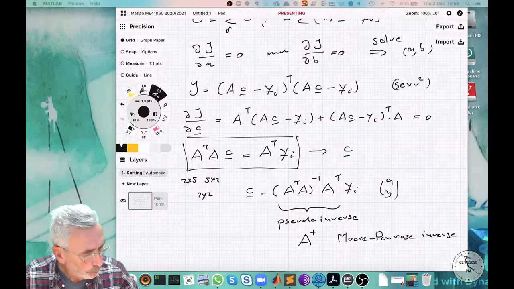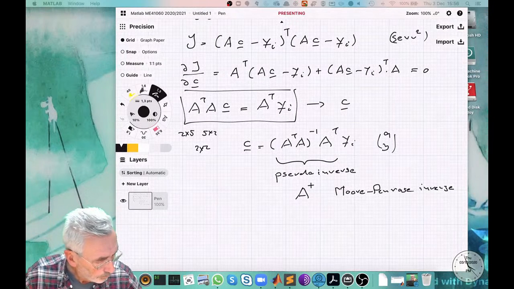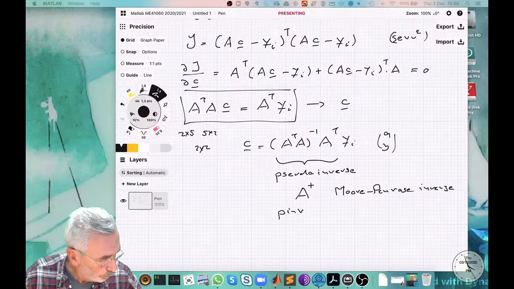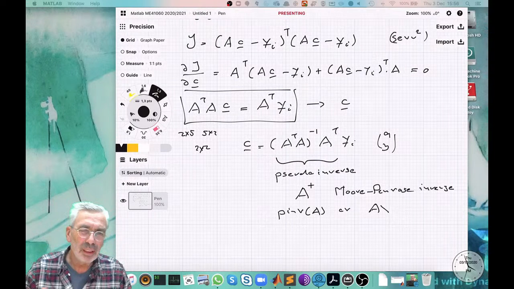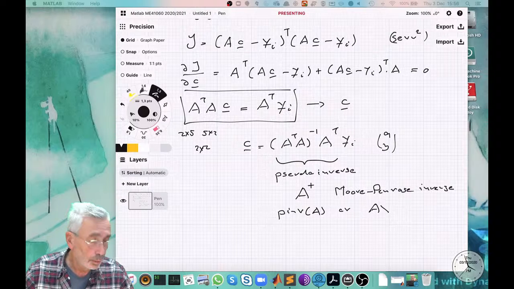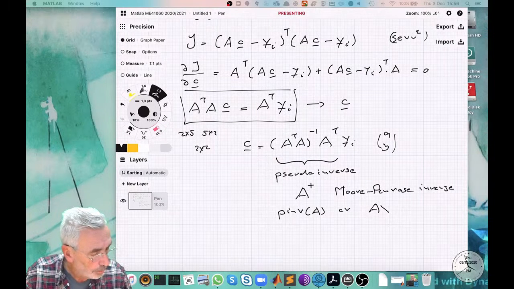In Matlab you can do either pinv of A, or you do A backslash. So there are two ways, but A backslash does a little bit different thing than pinv. I think that's also in the homework of this week.